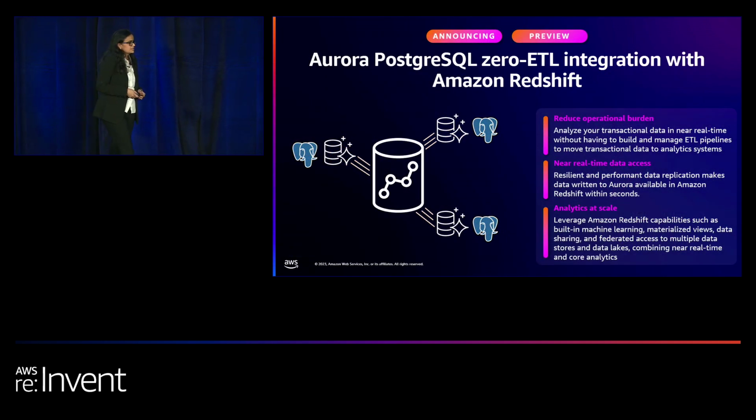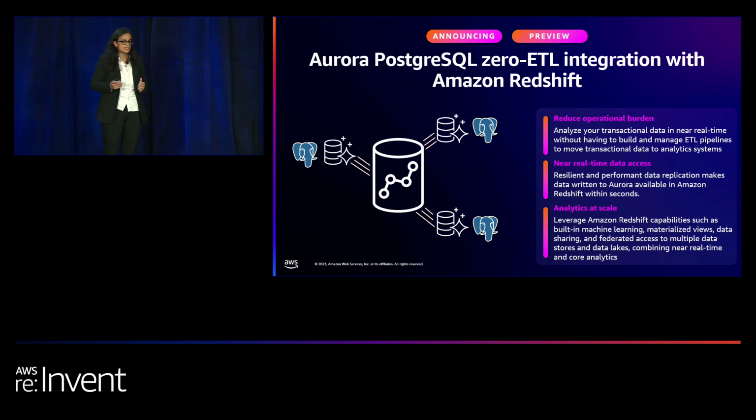So at re:Invent, we extended the Aurora MySQL zero-ETL integration to more data sources. Now we added support for PostgreSQL. The nice thing with the zero-ETL integrations is they all have a consistent experience. So whether you are using Aurora MySQL or Aurora PostgreSQL, the experience of zero-ETL is pretty similar. You just create an integration.